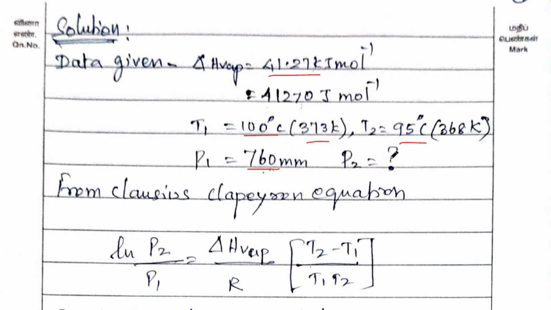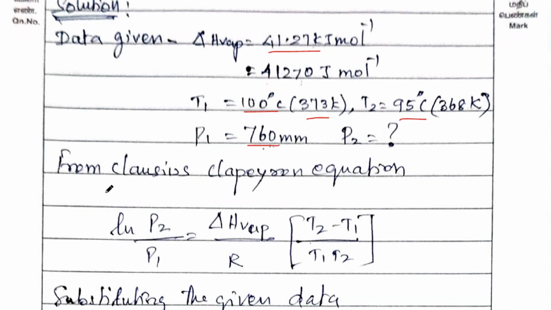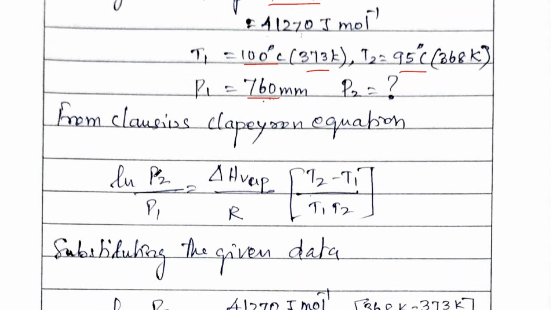Let us similarly take the Clausius Clapeyron equation: ln P2 by P1 equals delta H vaporization by R into T2 minus T1 divided by T1 into T2.